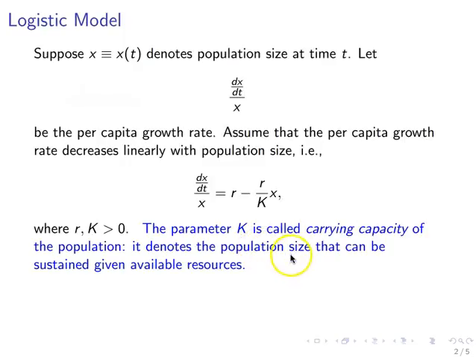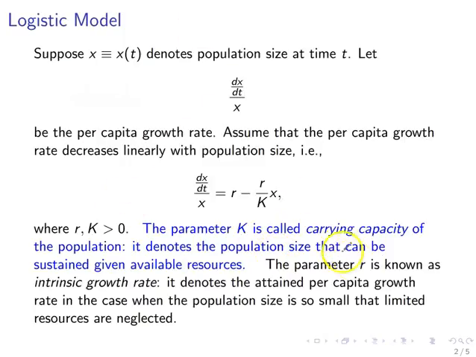So it denotes the size that can be sustained given available space or sunlight or food. So according to the available resources, this carrying capacity is the maximum size, the maximum sustainable size, if you will.